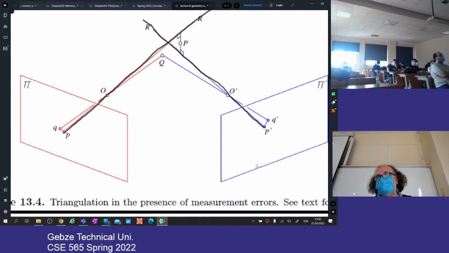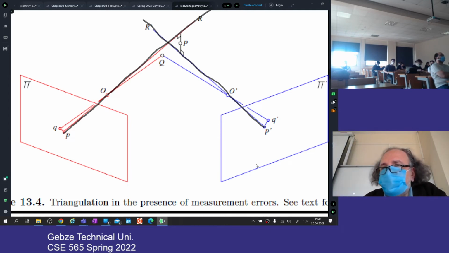In the two-dimensional world, yes, two lines have to intersect; the worst case is that they intersect at infinity. We know that. But in the 3D world, two lines may not intersect. So what are we going to do now? I said this point P corresponds to point P prime. They will not intersect. So maybe we can do this.